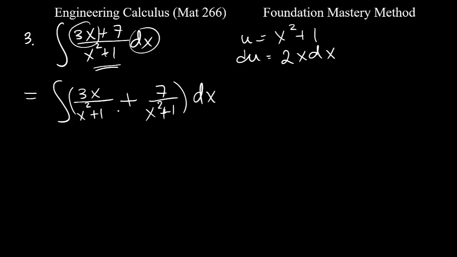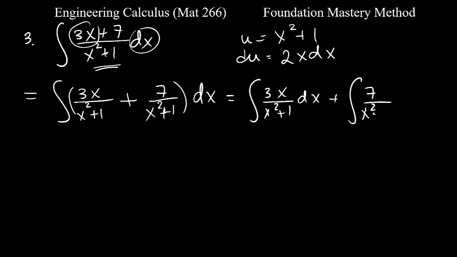So now this turns into two integration problems, namely the integral of 3x over x squared plus 1 dx and the integral of 7 over x squared plus 1 dx.